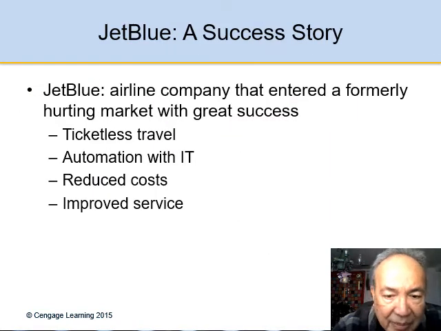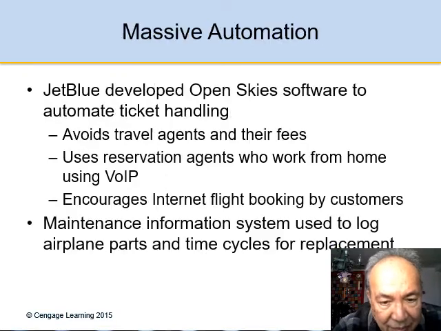Now, an example of this is JetBlue, a success story of this airline company. Ticketless travel, automation with IT, reduce costs, and improve service. Okay, and guess what happened? Everybody's doing the same thing right now.